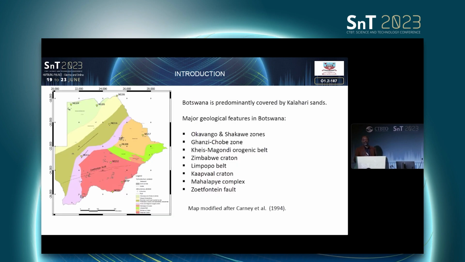I will not bore you with geology, but what I would want you to pay attention to is this region here. That's where this earthquake took place, close to where my pointer is there. This is a stable area.